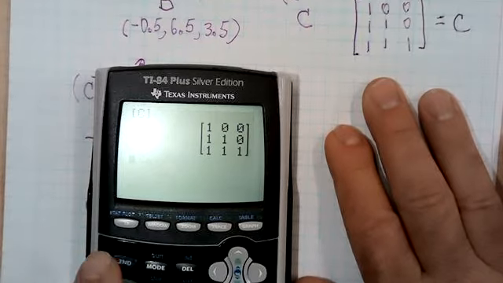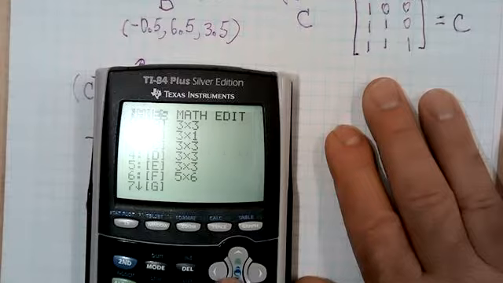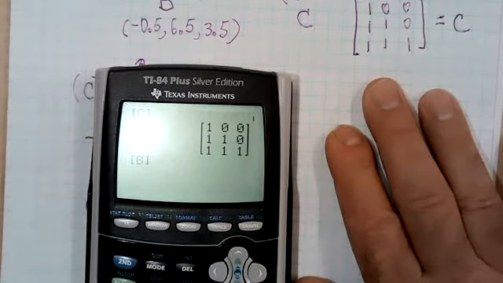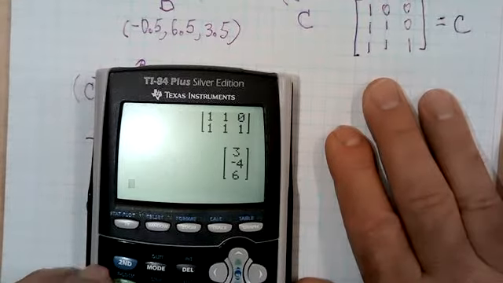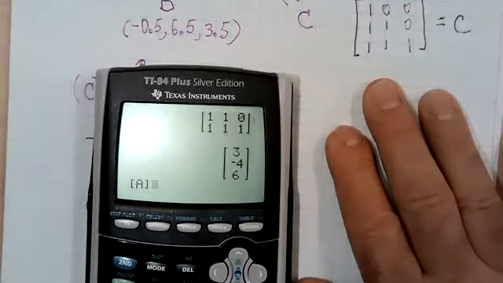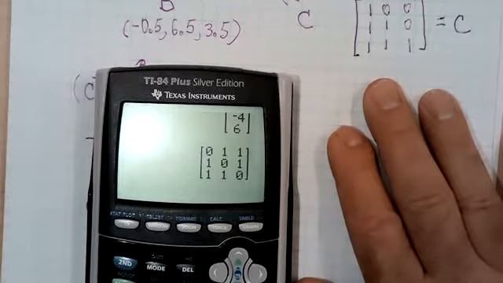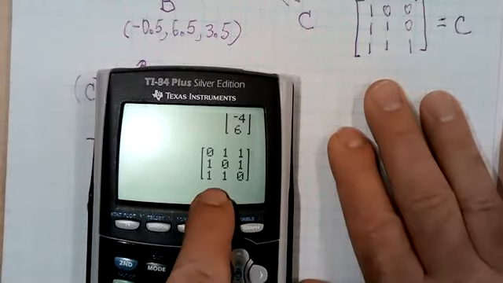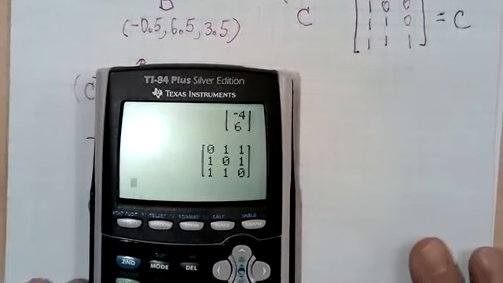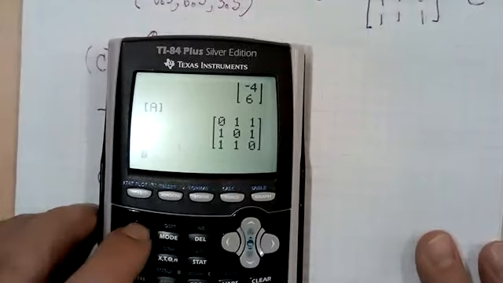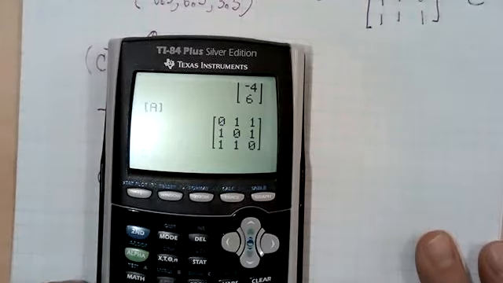Now, I think I put my B matrix in location A in my calculator. And that might not confuse you, but it does bug me. That's something different. I pulled up B rather than C. Let's try again. Yeah, that's my B matrix. So rather than allow myself to be hopelessly confused later on, I'm going to do this.